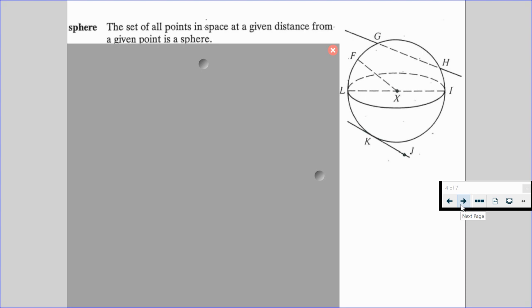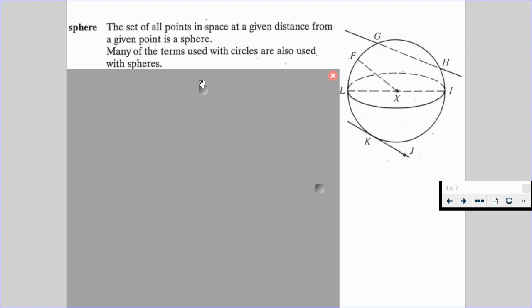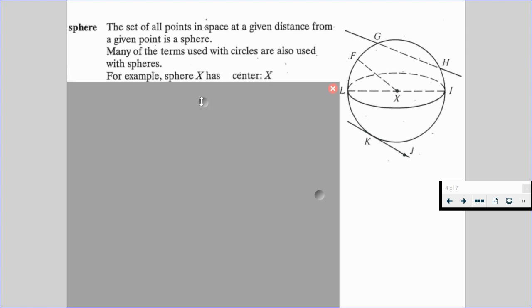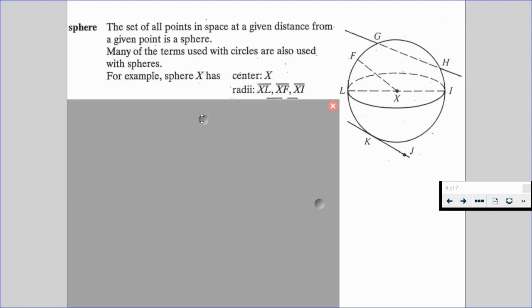Alright, we have some more terms here. We have what is called a sphere. The set of all points in a space at a given distance from a given point is what we call a sphere, and we have a sphere diagrammed over on the right hand side. Many of the terms used with circles are also used with spheres. So for example, sphere X has a center X, has radii of segment XL, segment XF, and segment XI.